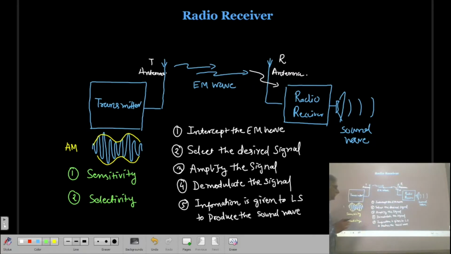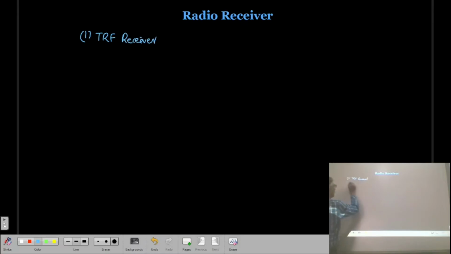Now, if you see, there are two types of receiver. One is known as a TRF receiver, and another is known as a super heterodyne receiver.